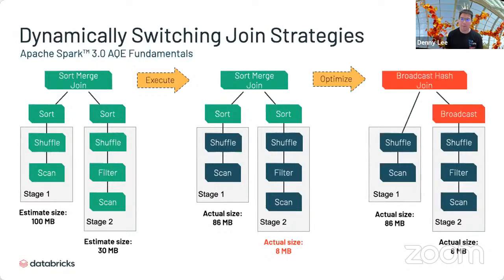Instead of mid-flight saying we're going to stick with a sort merge join because we want to prevent out of memory errors, we realize it's actually 8 megabytes, below that 10 megabyte threshold. So let's switch it in mid-process to a broadcast hash join, so that I can get you that query coming back significantly faster.